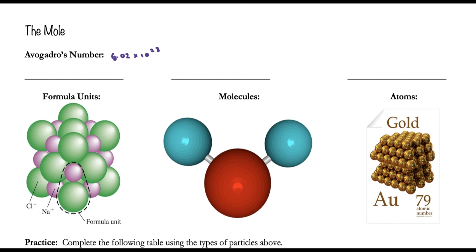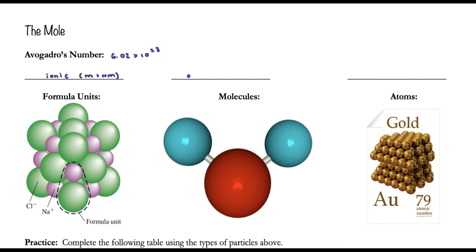It could be 6.02 times 10 to the 23rd formula units, right? And formula units, this is used when we are describing ionic compounds, right? Compounds that have ionic bonding, which would simply be a compound that has a metal and a non-metal. Remember that from last semester, okay? Or I could have 6.02 times 10 to the 23rd molecules.